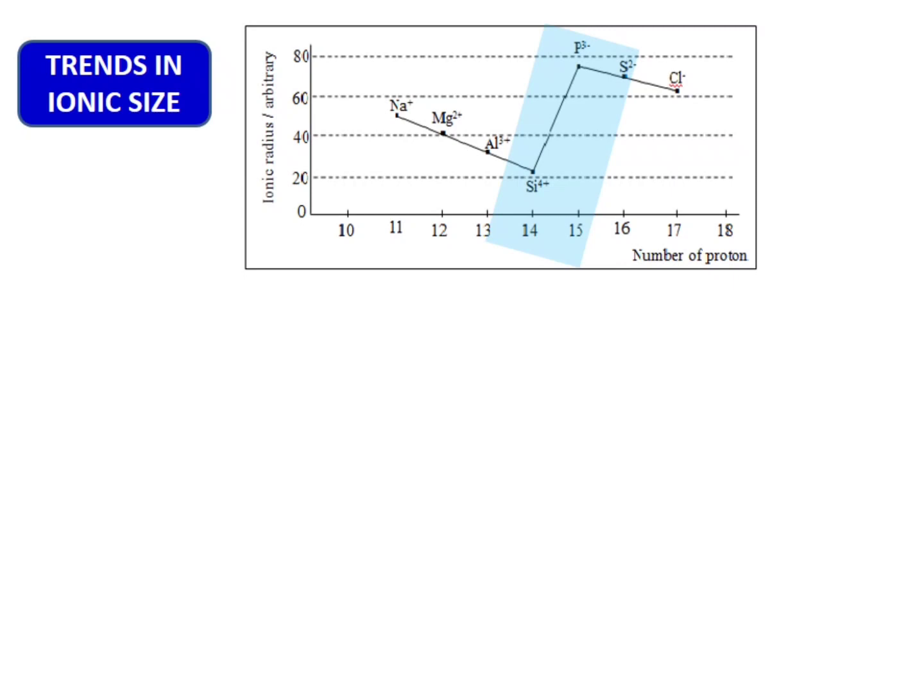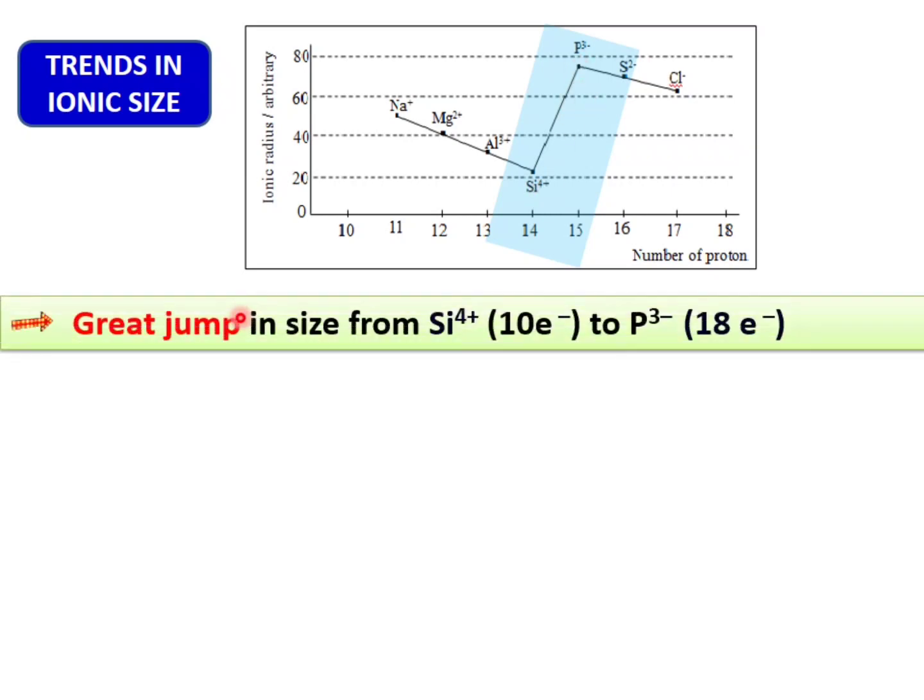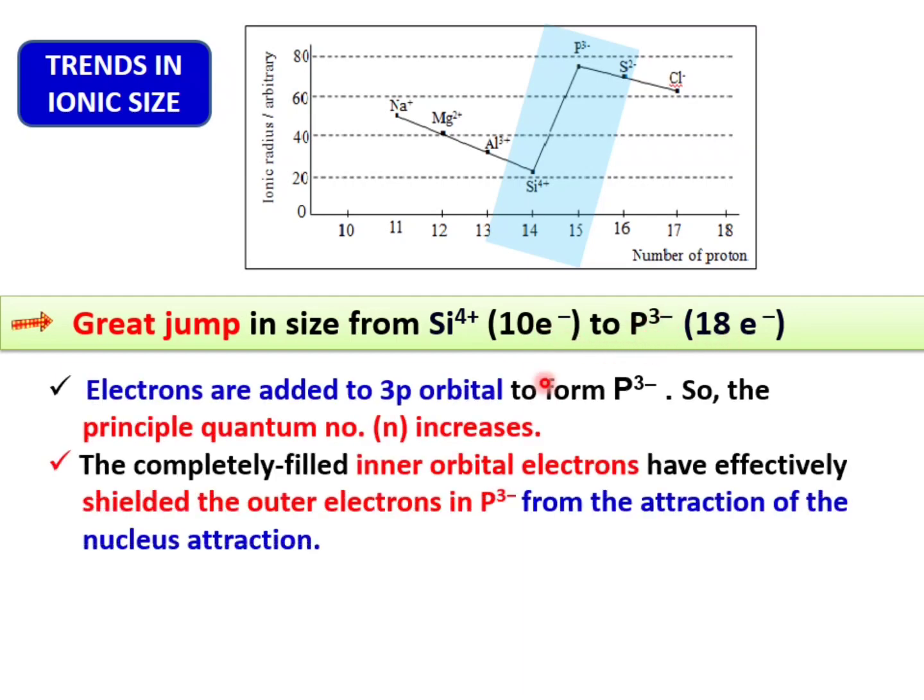Okay, next we look at why this great jump happened from the silicon 4+ ion to the phosphorus ion. The reason for the great jump in size is, first, the number of electrons. See, silicon has 10 electrons, while the phosphorus ion consists of 18 electrons. You can try to work out how I get 18 electrons by writing its electronic configuration.